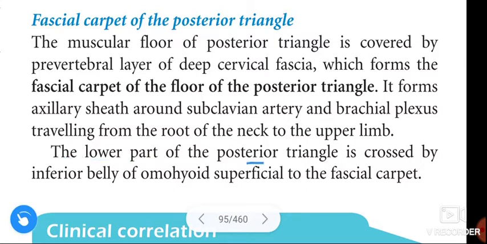The lower part of the posterior triangle is crossed by the inferior belly of omohyoid, superficial to the facial carpet.